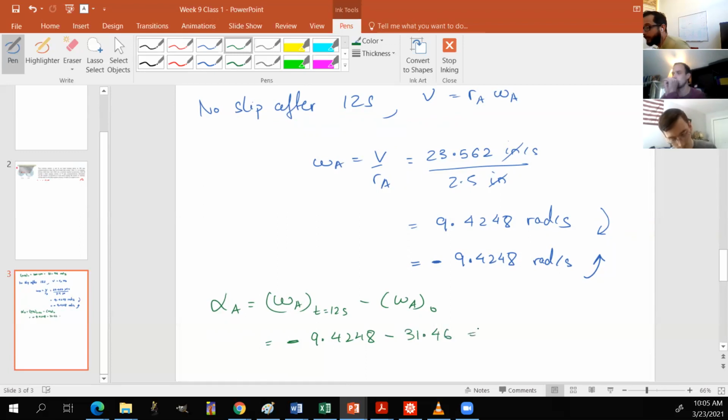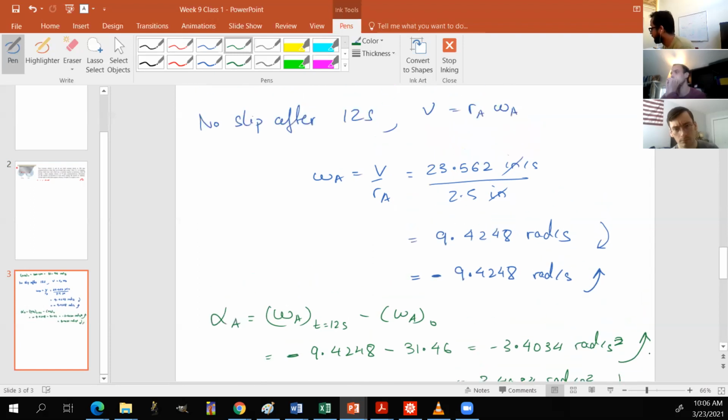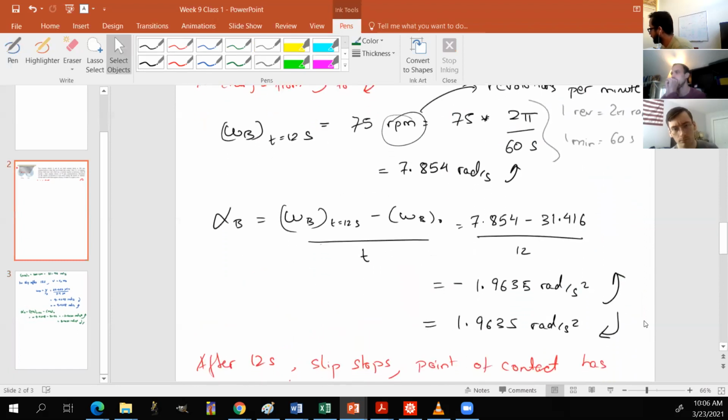So you end up getting minus 3.4034 radians per second squared. This is negative because it comes out from here, right? So this means that this is in that direction, or you could have it positive in the clockwise direction. All right, so this is your second answer that you were looking for. This was the first one.